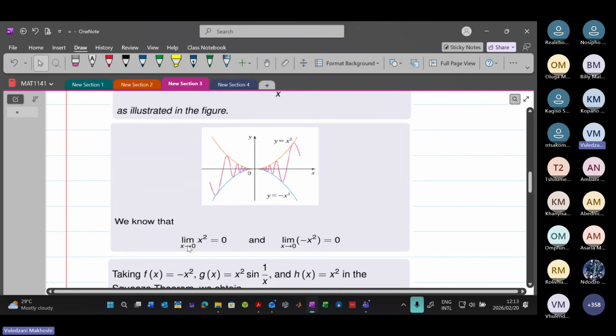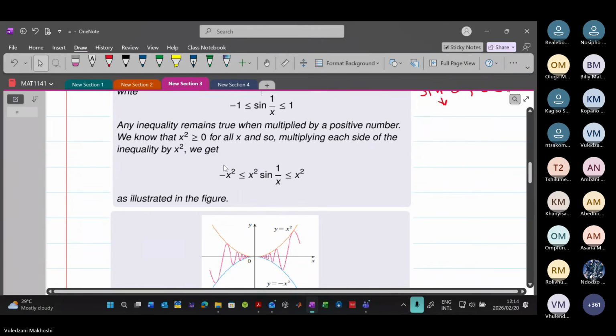So the limit of x squared as x approaches 0 is just 0, and the limit of minus x squared when x is approaching 0 is again equal to 0. Now, this minus x squared and x squared, as you can see, are squeezing x squared sine 1 over x between them. So it is in between this graph, in between this one and that one.